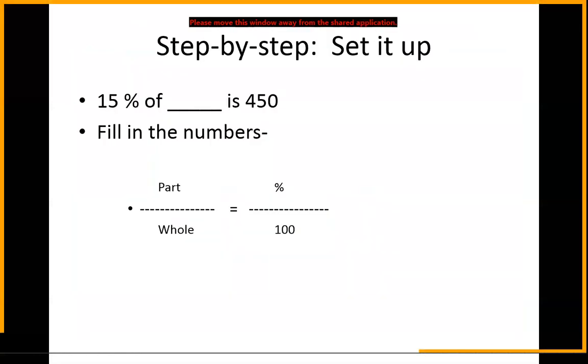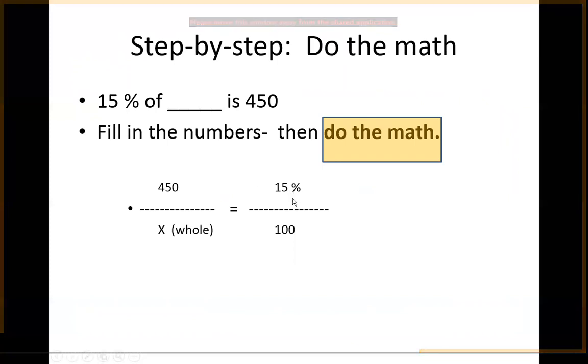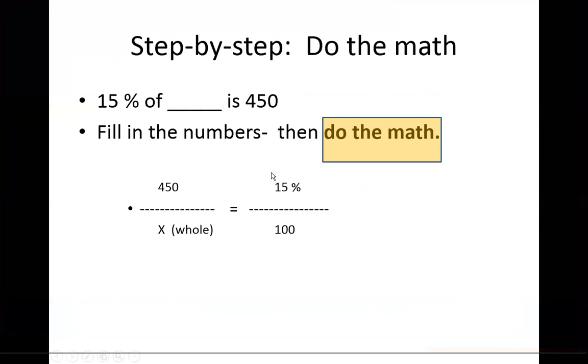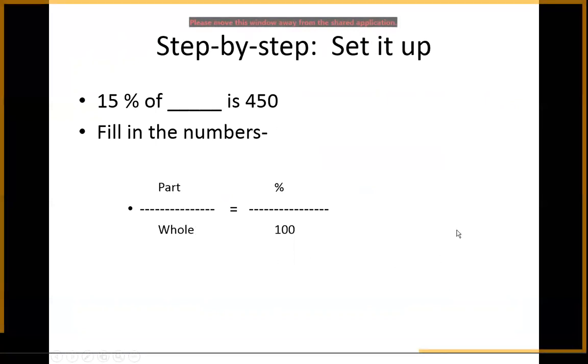Okay, another example, 15% of what equals 450. Give you a minute to think this through. Did you get it? The 15%, that's the 15. 450 is the part, and we don't know the whole.